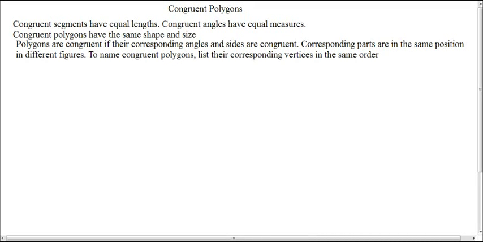Before we really get started with working with similar figures, I want to make sure that we have a pretty decent understanding about some things, and I want to start with congruent polygons. Hopefully we understand that a polygon is a combination of three or more line segments.